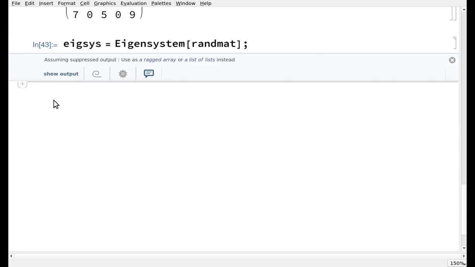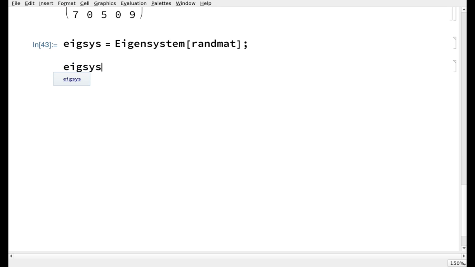Now, if I want to get the eigenvalues of the system, I can just ask for the first entry in the Eigensystem, because the first part of the result from the Eigensystem function is in fact the list of eigenvalues. This Eigensystem is now a list of 2 things.